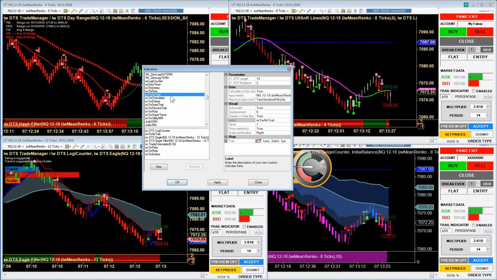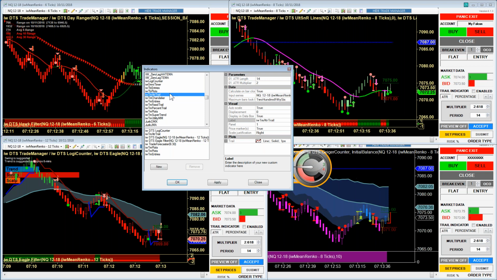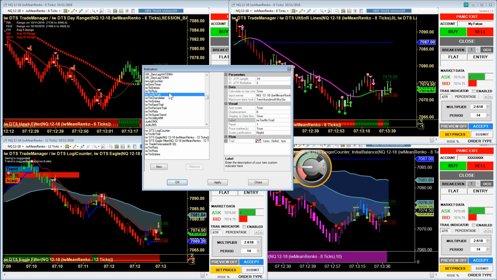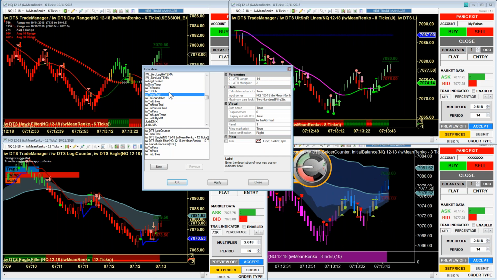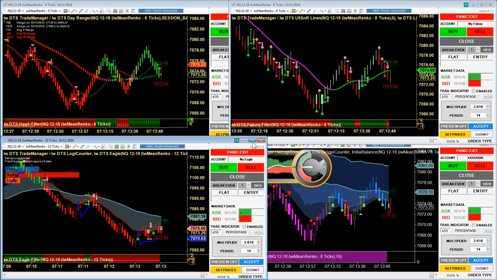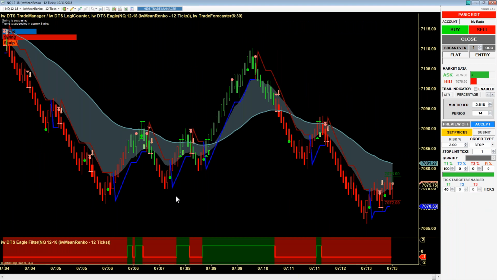This is what the trade manager uses to plot the trade manager dots. If you apply that to your chart, you'll get this squiggly red and blue line. Again, it's kind of like a filter. You're going to find that the signals which are in sync with the ATR filter will have a tendency to work out better than those that are against.